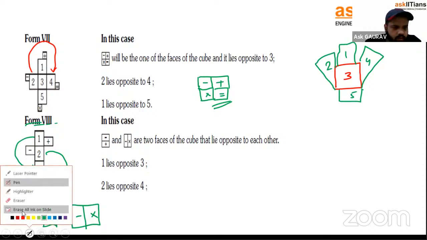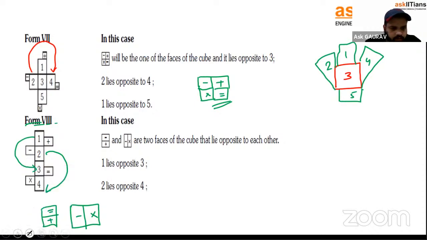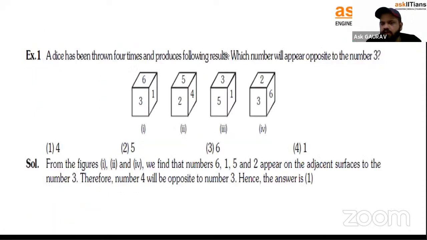Okay, then move to the questions now. Okay, see the very first question. A dice has been thrown 4 times and produced the following results. Which number will appear opposite to 3? See, 6, 3, 1 is there.